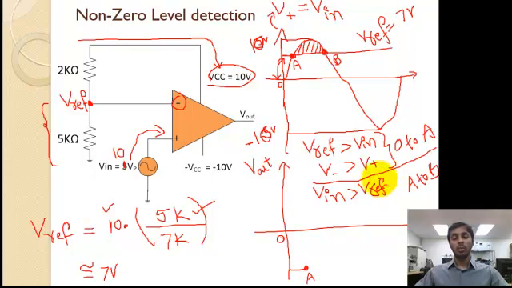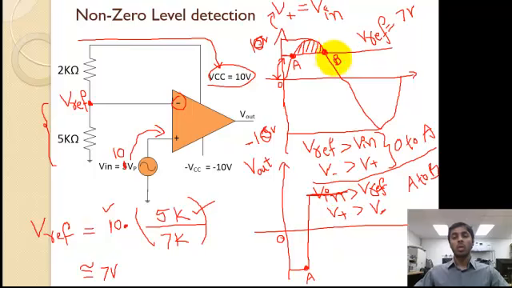And keep in mind that the input signal is applied to V positive, so V positive is greater than V negative. If V positive is greater than V negative, the output will shoot up towards its maximum voltage level and it will stay constant until point B occurs.